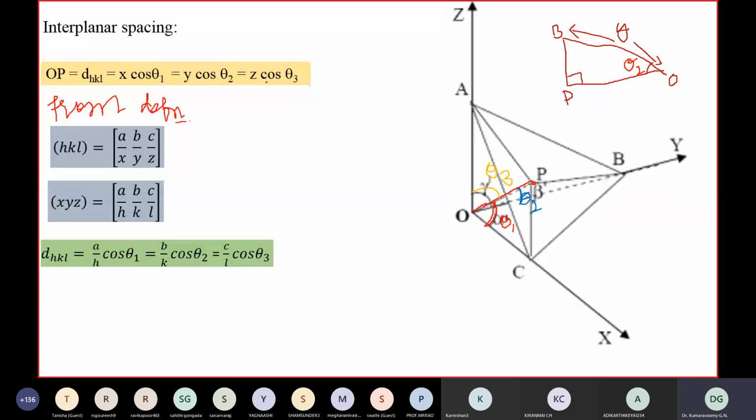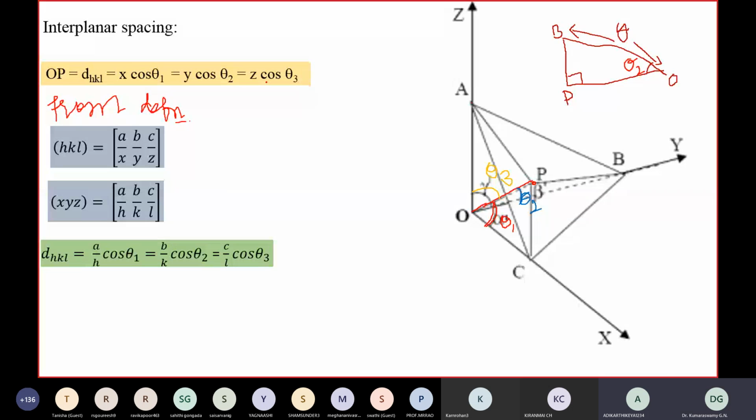Sir, the HKL is equal to A by X, B by Y, C by Z. Where did they mention it, sir? In the Miller indices procedure we discussed, no? You mentioned to take reciprocal.